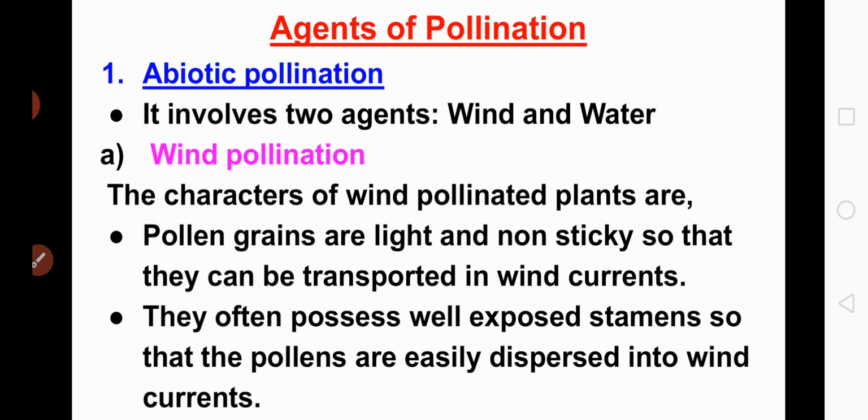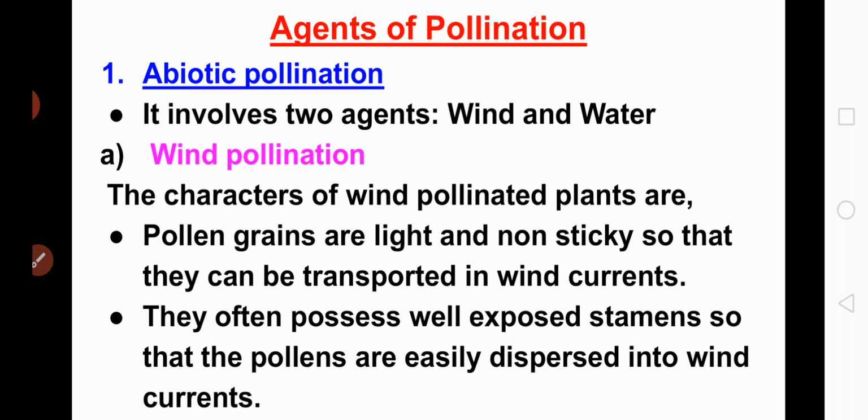To compensate for these uncertainties and associated loss of pollen grains, the flowers produce enormous amounts of pollen when compared to the number of ovules available for pollination. And only a small proportion of plants use abiotic agents for the pollination process.